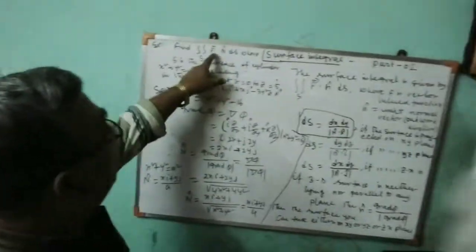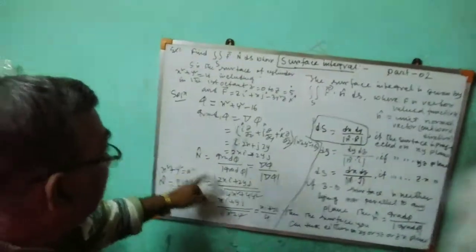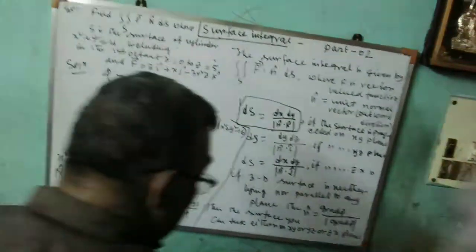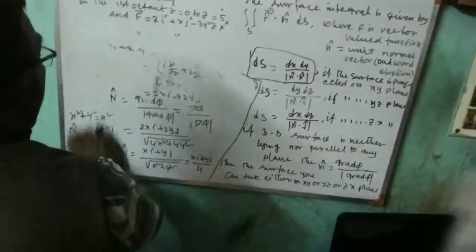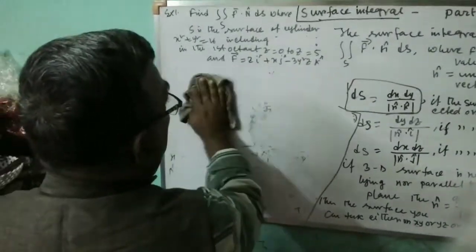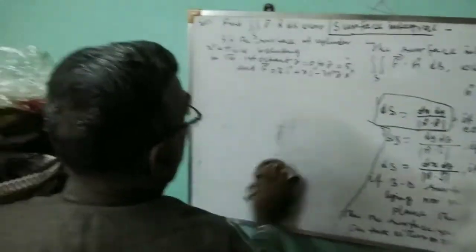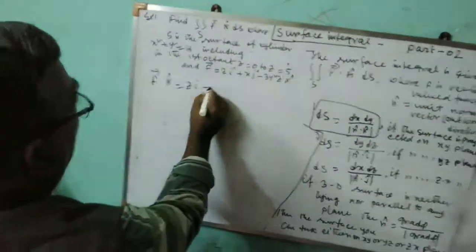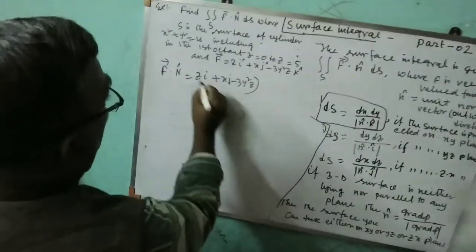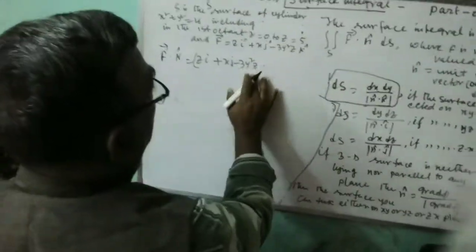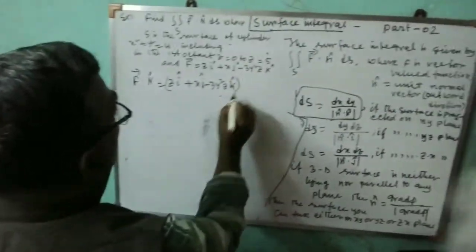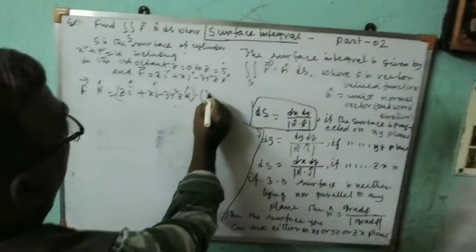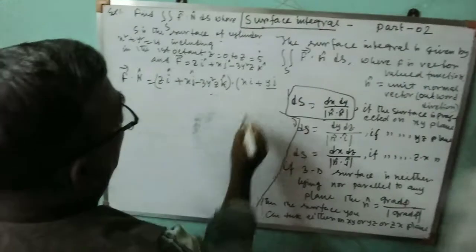Now we have got n cap. Now we have to find f dot n. How to get it? Because n cap is given, n cap is this, and f is this. f is zi plus xj minus 3y square z k, with i, j, k unit vectors, then dot n. n means xi plus yj by 4.